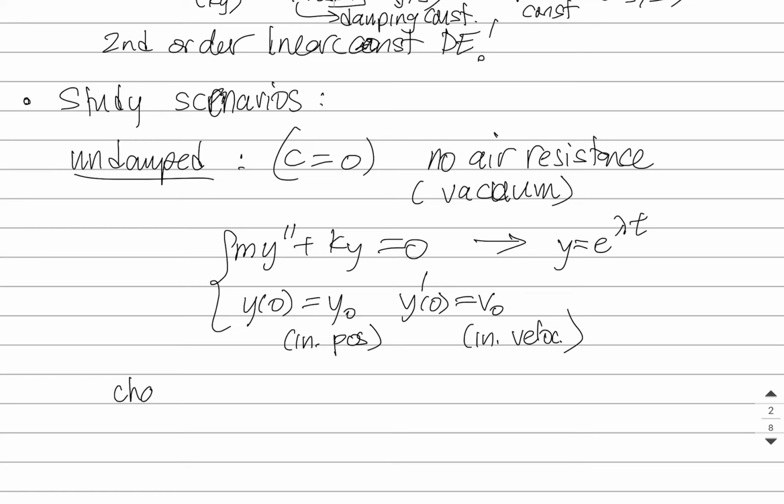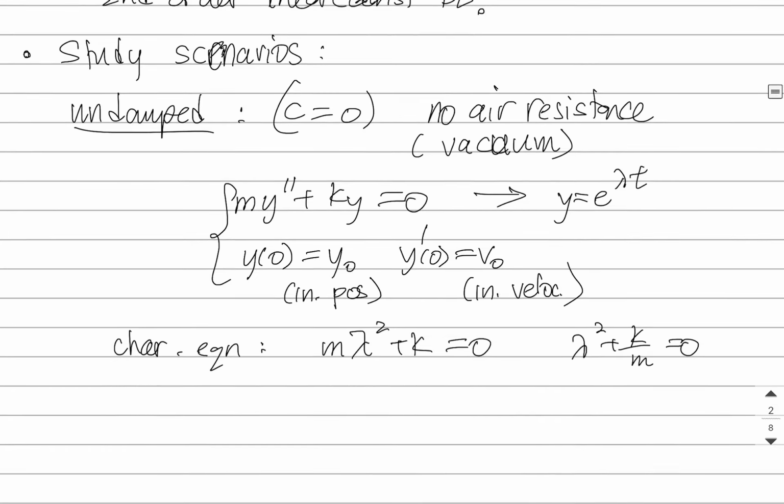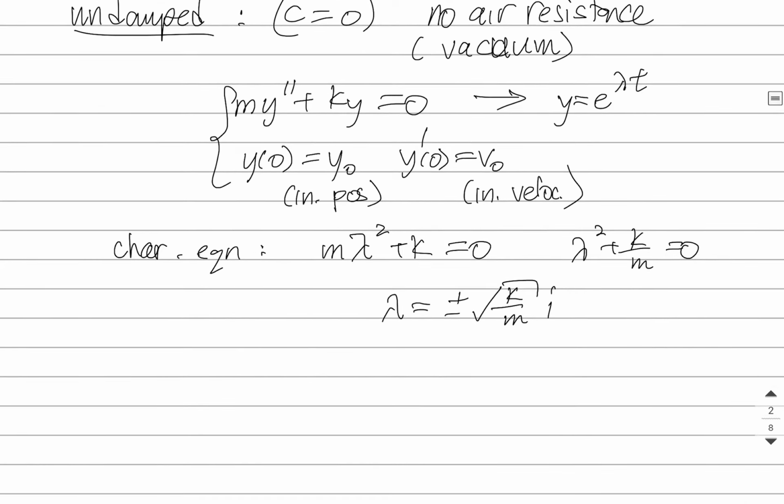We're going to get a characteristic equation. m lambda squared plus k is 0. So lambda squared plus k over m is 0. And you know very easily that you can solve this. What you'll end up getting is lambda is square root k over m times i. It has imaginary solutions.